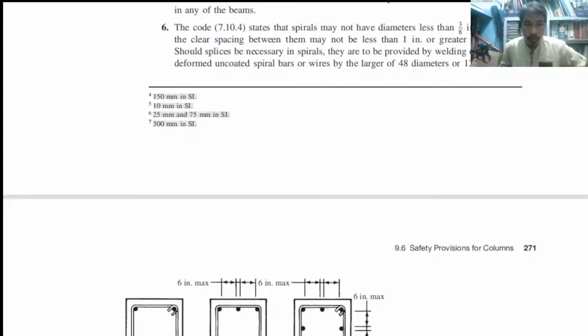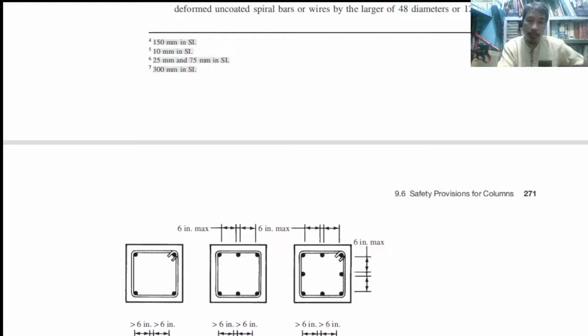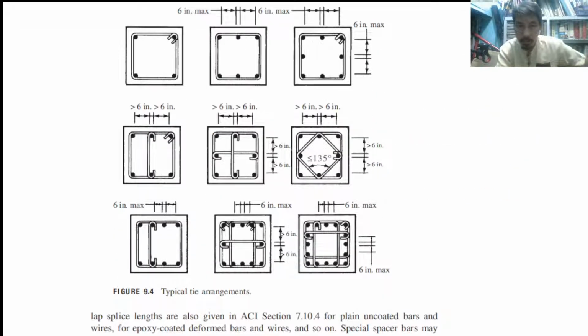Should splices be necessary in spiral, they are to be provided by welding or by lapping deformed uncoated spiral bars or wires. So that is the minimum dimension, but I think no one will use that.